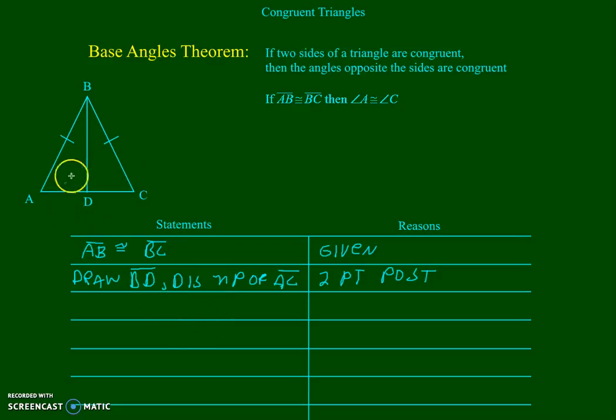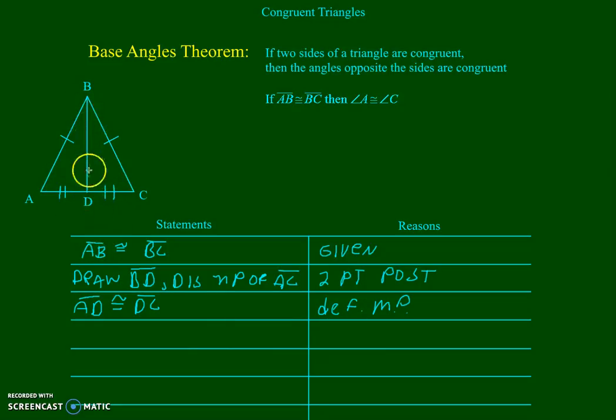Now because of the addition of that auxiliary line, I know now that AD is congruent to DC. These are segments. And that is the definition of a midpoint. And I can put in some marks here.